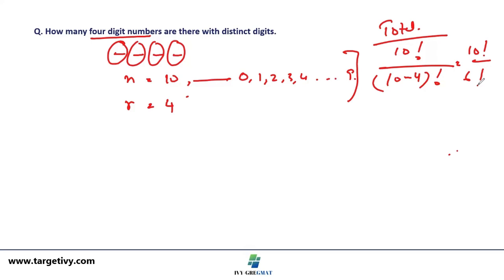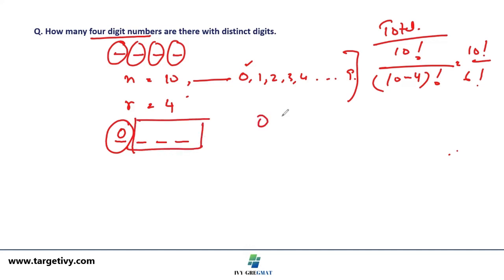But there's a twist here. Remember, if there are 4 digits and distinct numbers, we have taken 0 into consideration. So we will have a certain number of numbers with 0 in the beginning, in the thousands place. Hence, those numbers have to be excluded because this number becomes a 3-digit number now.